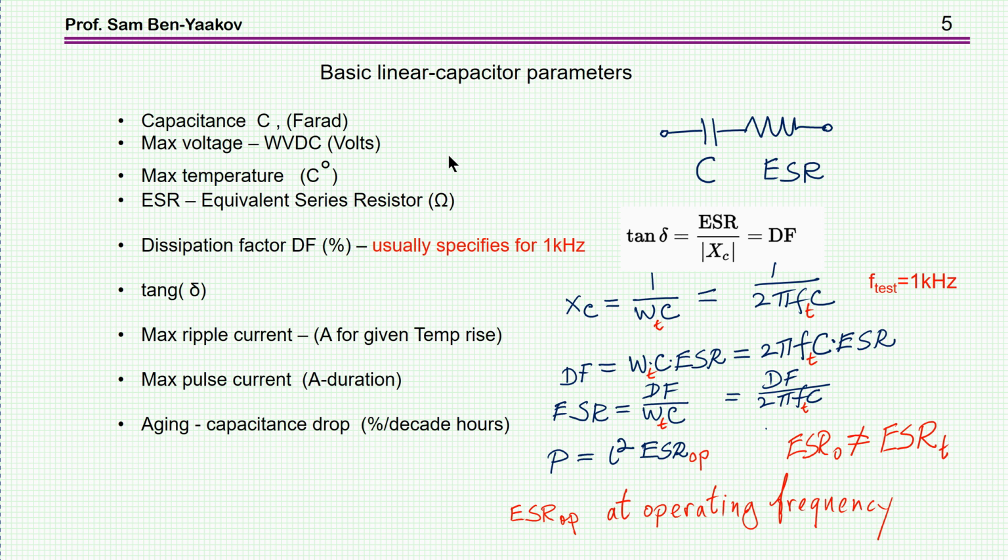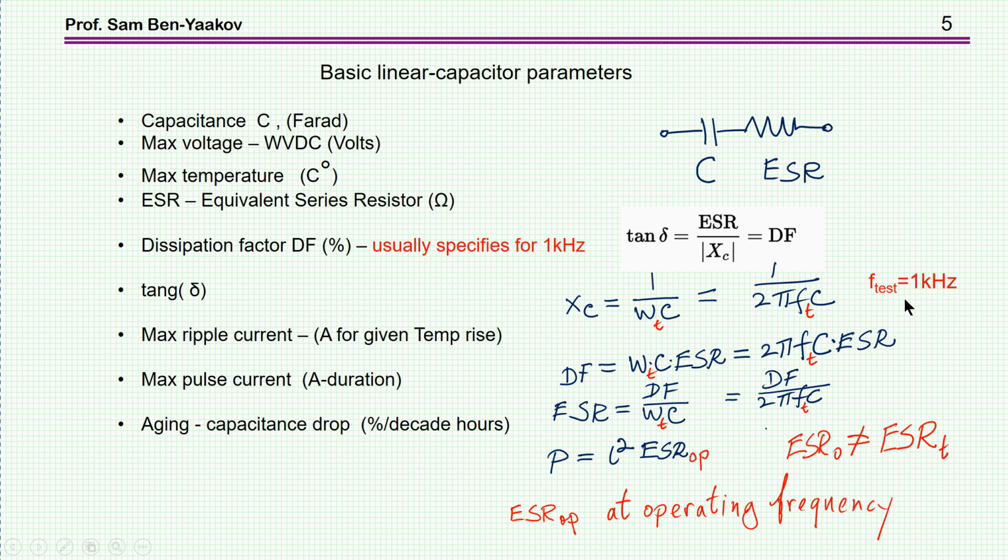So, since the reactive value is 1 over omega C, or 1 over 2 pi f C, then the dissipation factor is in fact omega C ESR, and therefore ESR can be calculated as the dissipation factor over omega C. Now, it's very important to realize that this omega is the omega at which this dissipation factor was tested.